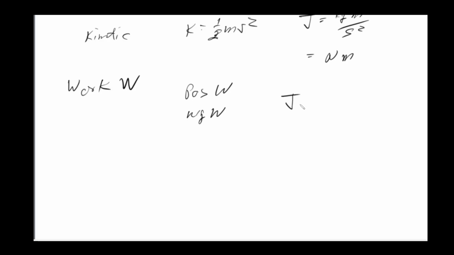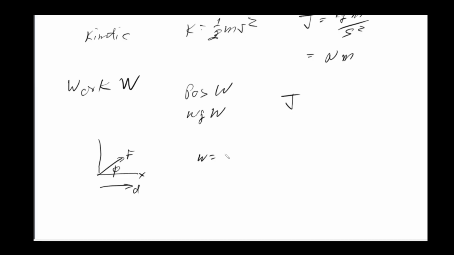So work is basically applying a force over a distance. Any work is done only by a force in the direction of movement of an object. So if you have your axes and you have a force, and we call the angle between them phi, then the only work being done on the object is in the x direction, if that's the way the object is moving. That's the displacement.